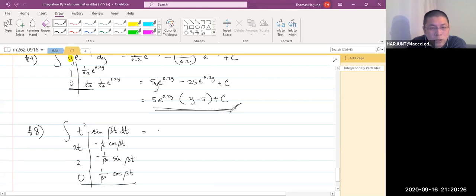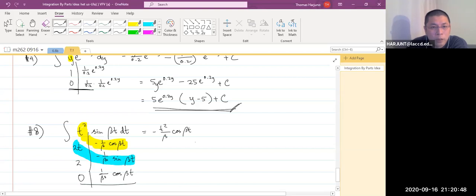So the solution is negative t squared over beta cosine beta t. This one here. Okay, now then the second one, take the opposite of this product.